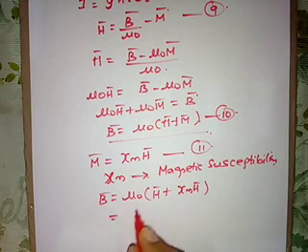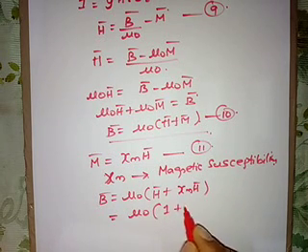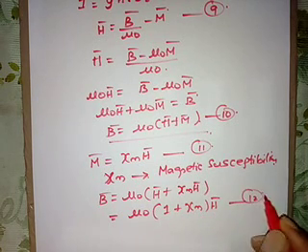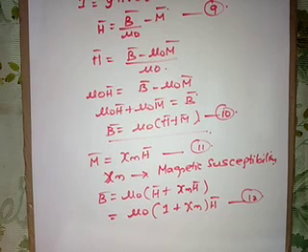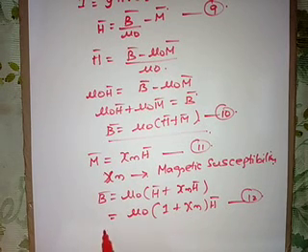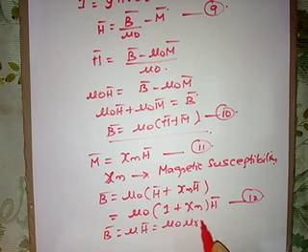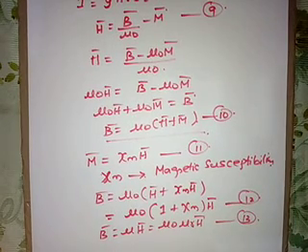So this is nothing but mu naught into 1 plus xi m into H bar. Or I can write B bar as mu H bar, that is equal to mu naught mu r H bar, correct?